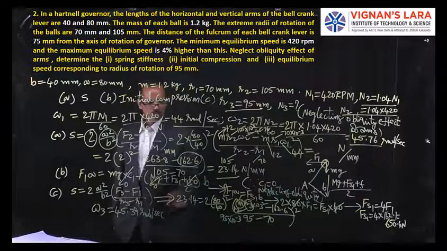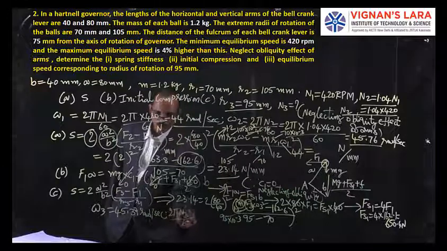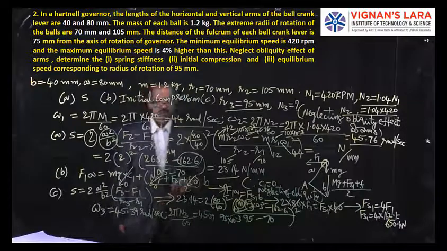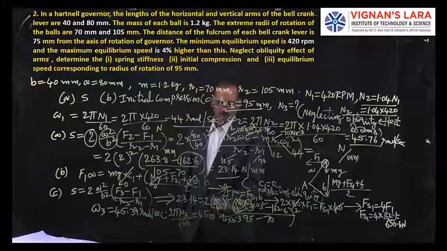We know omega 3 is equal to 2 pi N3 by 60, which is 45.39. Here N3 is the required one.